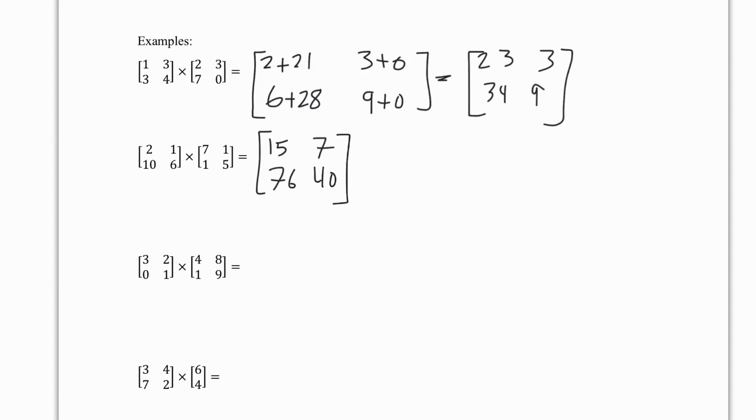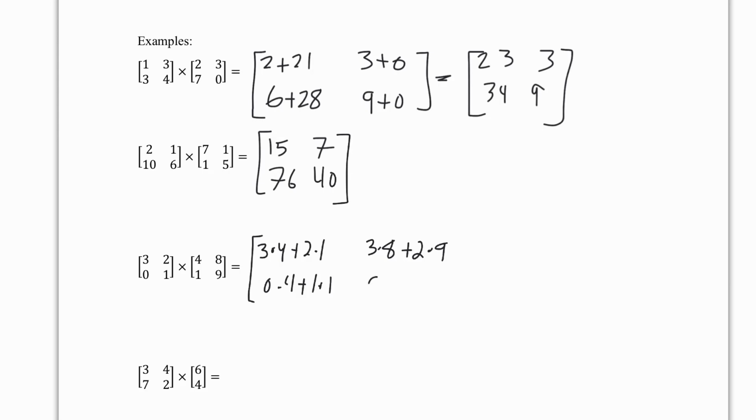All right, now I'll go ahead and write out the next one for you. 3 times 4 plus 2 times 1. 3 times 8 plus 2 times 9. 0 times 4 plus 1 times 1.